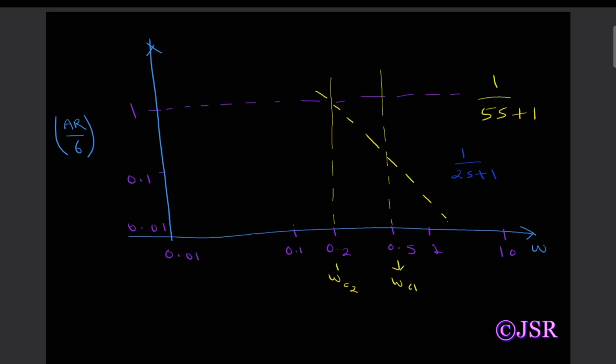So here the slope will be -1, and when omega is equal to omega c2, the curve will pass through 0.707.